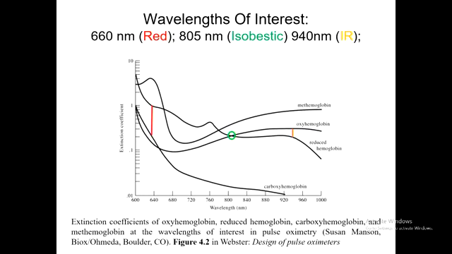And also the so-called isobestic point is where the oxyhemoglobin and deoxyhemoglobin cross over.